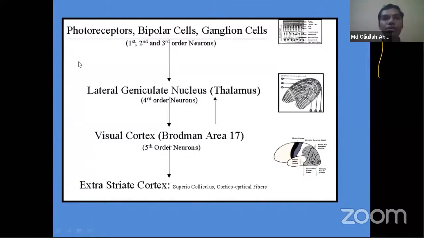Monocular neurons have a plasticity period which is said to be up to 10 years of age most of the time. Sometimes it can be extended till 12 or 13 years of age, but maximally it gets matured by the age of 10 years or so.